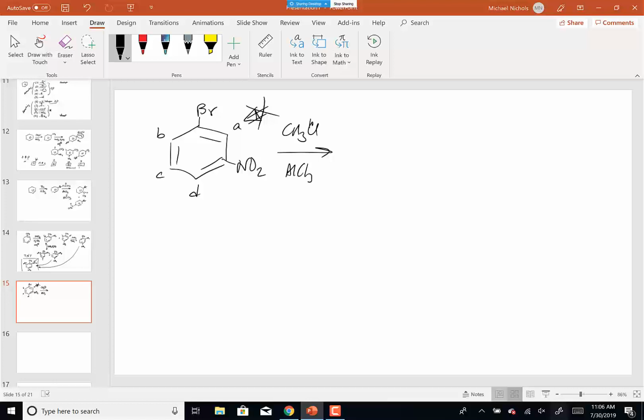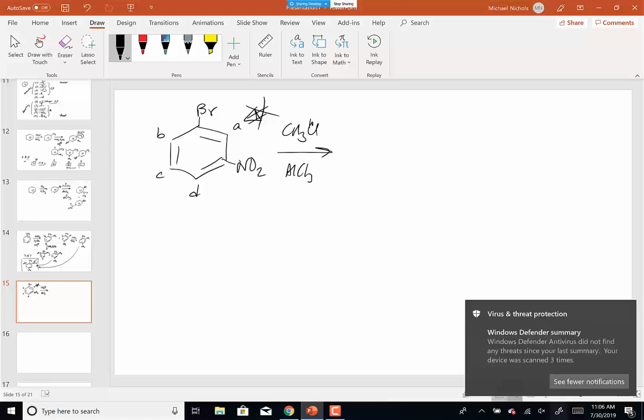So you cannot add to A, because you may think, well, bromine's not that big, and nitro's not that big, and methyl isn't that big. Oh no, they're that big. A bromine is actually the size of a methyl group. So there's steric hindrance for the methyl group to get to the carbon to add to the ring. So you cannot add in between meta groups. You're not allowed to do that. Right, for sterics. So now I've invoked the sterics.